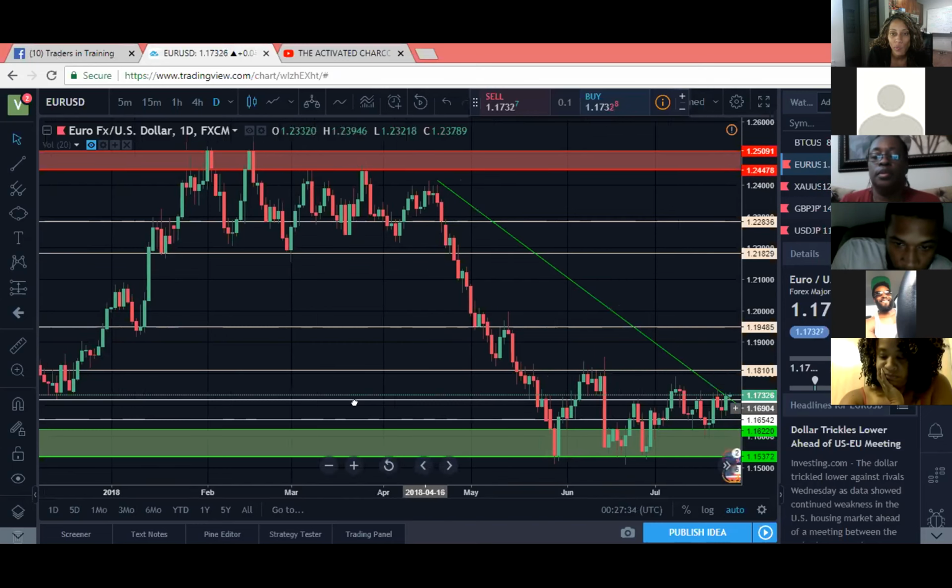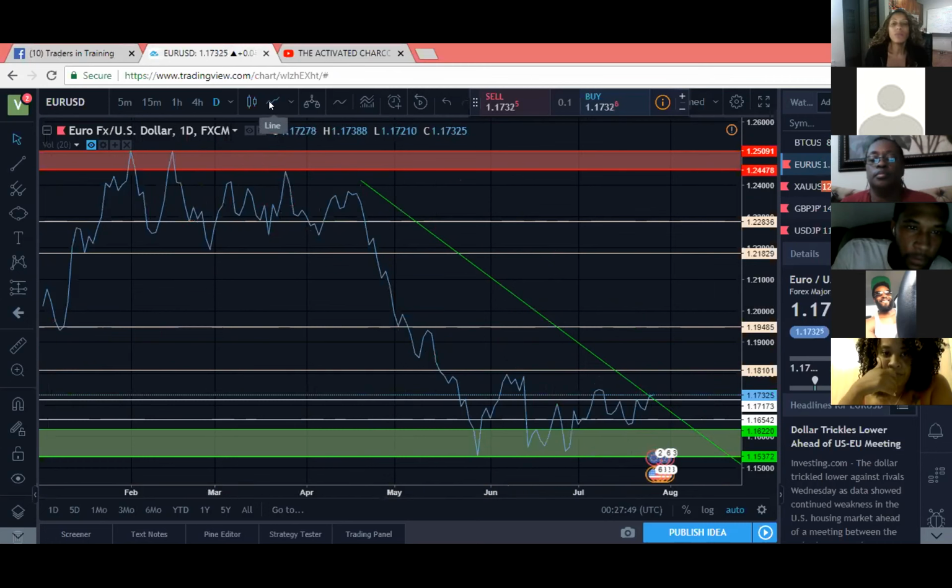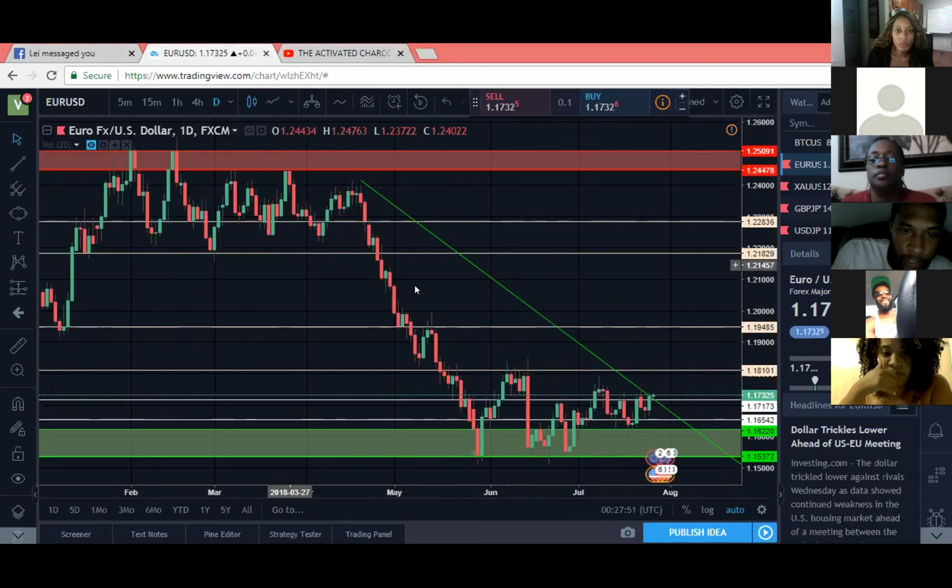And same thing right here as far as my demand zone goes, the engulfing candle right there, and I did my line chart. That's where I went off of to get my support and resistance lines.